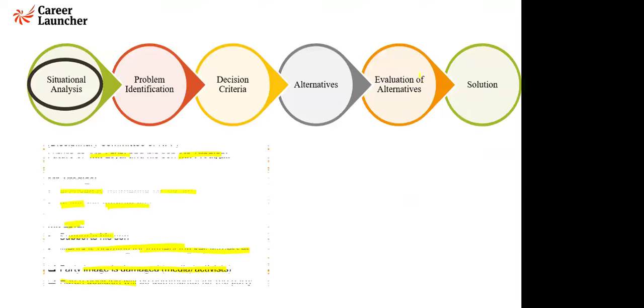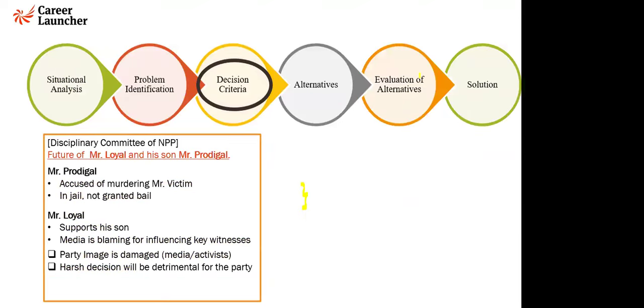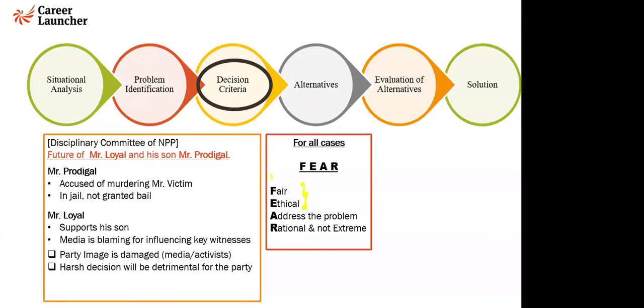But in general, whenever you have a situation, please remember you should be fair to all concerned. You have to be ethical. You have to address the problem. Problem has to be taken into account, and you should be rational and not extreme. The punishment for every crime cannot be the death penalty. The extent of damage leads to the extent of punishment.